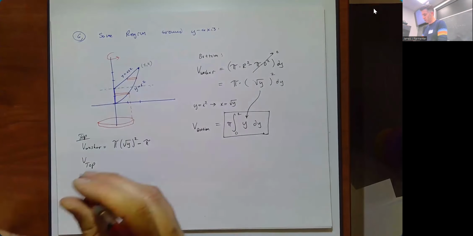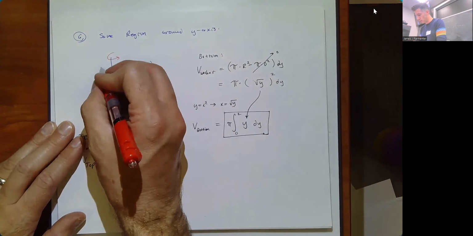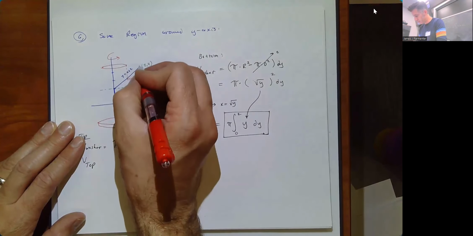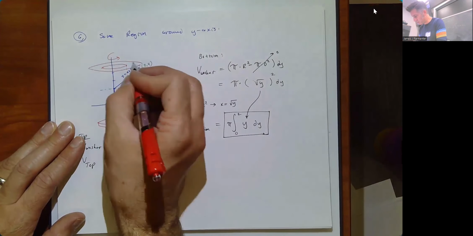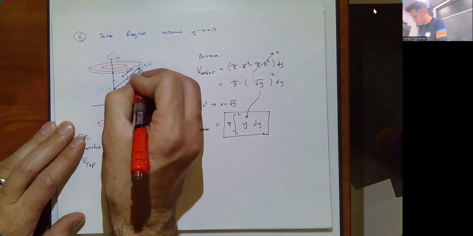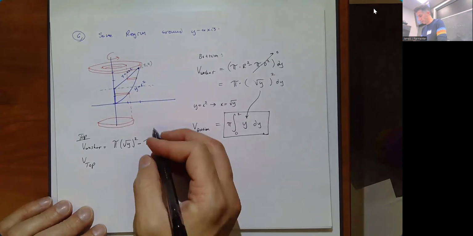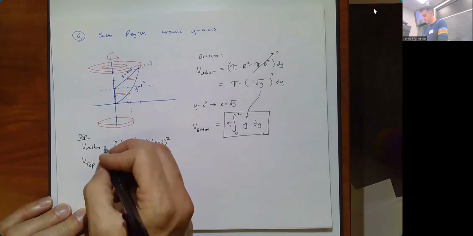But that closer function, instead of being y equals x plus 2, it's going to be x equals y minus 2. I like to draw these pictures. All right, x equals y minus 2, dy.